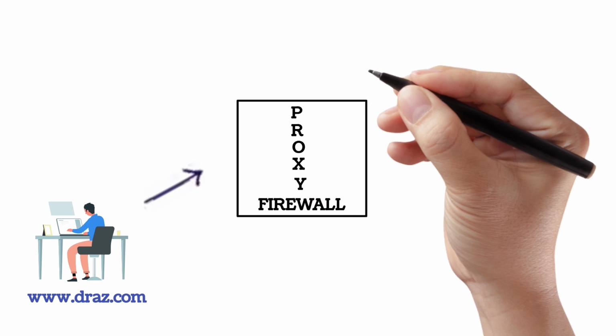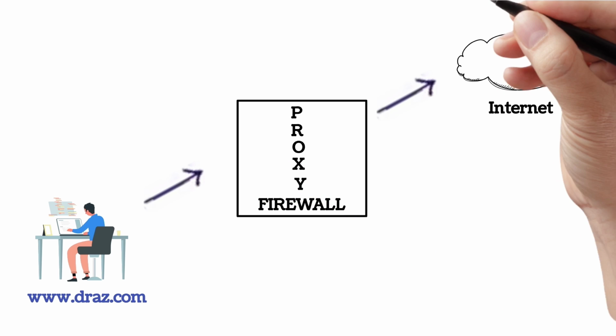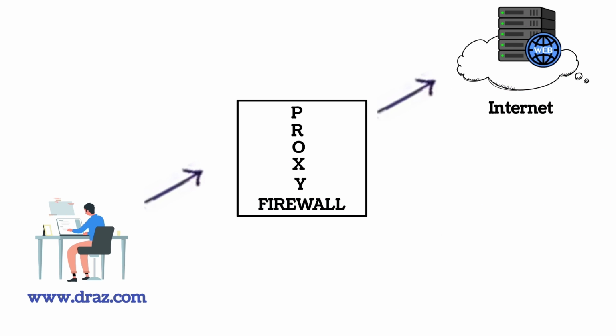Let us understand this whole process. User enters the website www.browse.com in the web browser. Proxy firewall receives the request and forwards it to the internet. The web server on the internet receives the request and responds back to the firewall with the requested information. The proxy firewall receives the information and forwards it to the original client.